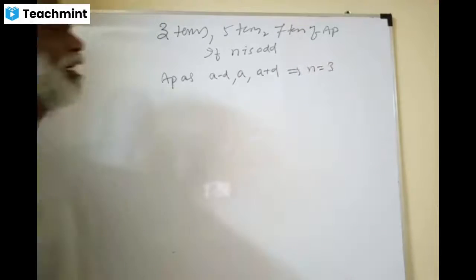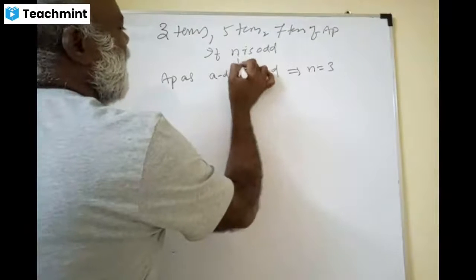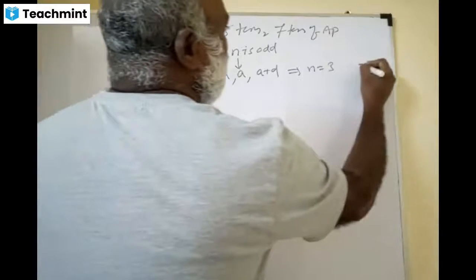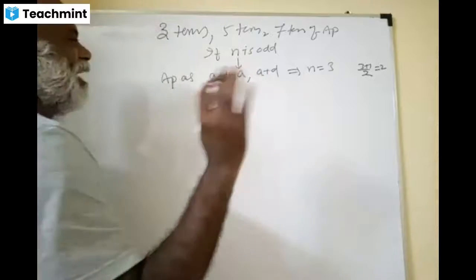If there are only 3 terms in the AP, writing the middle term as A is the beautiful thing, please. When there are 3 terms, 3 plus 1 by 2 is 2. That means the second term is A.